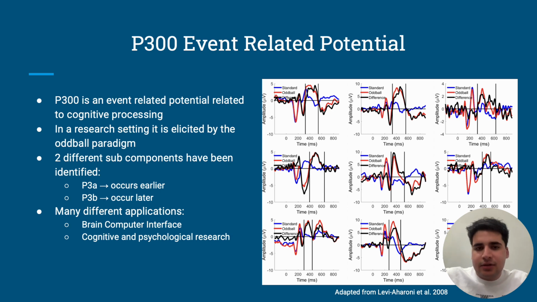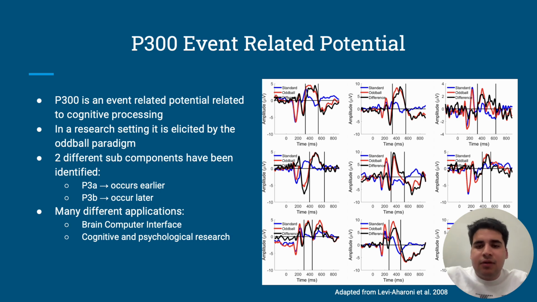it happens later. So as we got to understand, the P300 wave is often elucidated by the oddball paradigm in a research setting, but this is also something that is unique to everyone, and everyone has their own unique signature, or as I like to call it, fingerprint for P300.